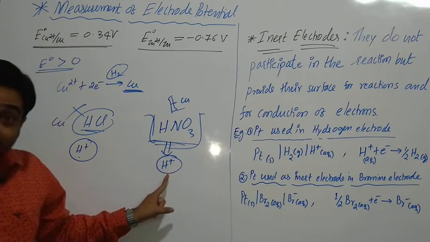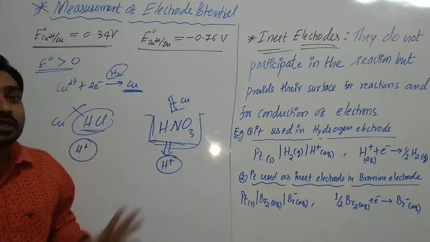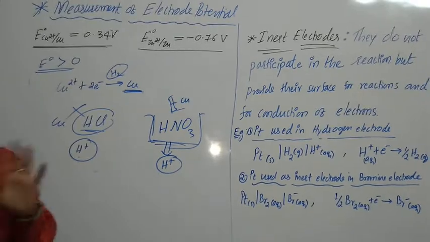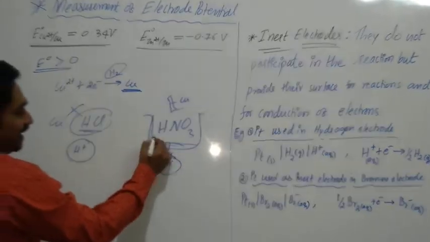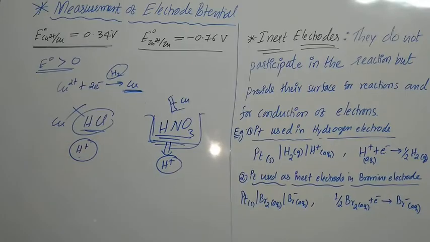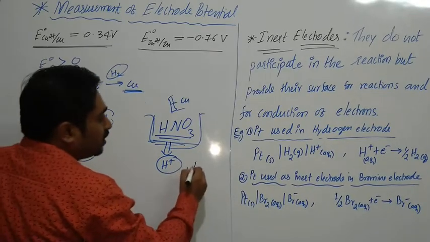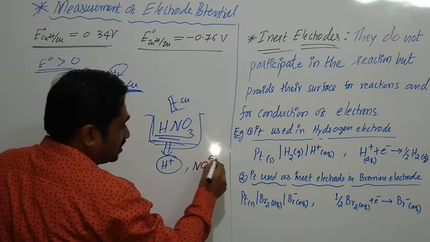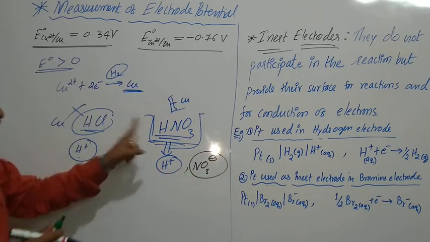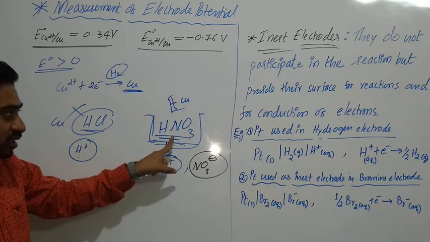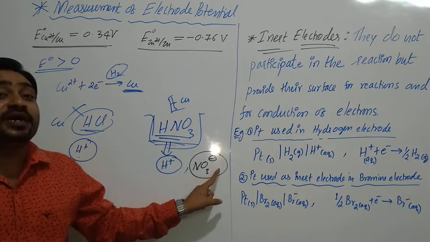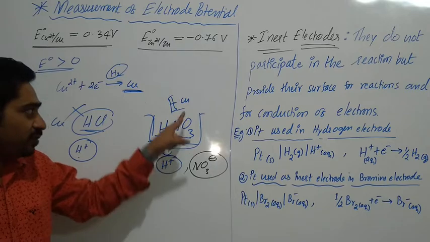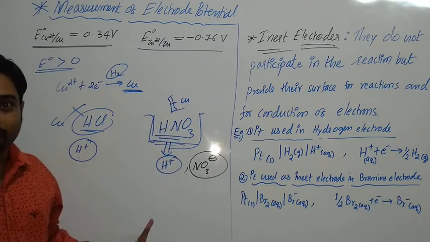HNO3 also contains H+ ions, and here our copper dissolves. So don't think that copper shows some partiality. In HNO3, copper is dissolved not because of H+ ions but because of NO3- ions. So because of NO3- ions, copper is dissolved.